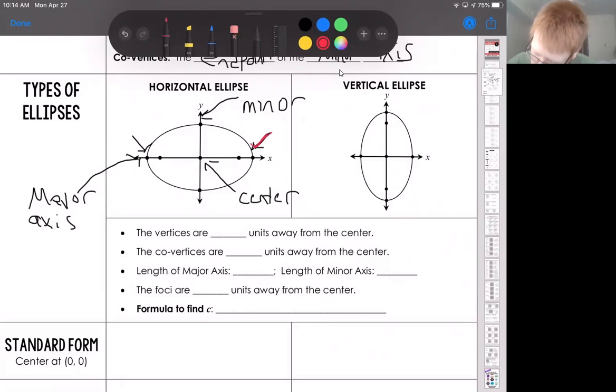These two red points, those would be called your vertices because they're the ends of your major axis. These blue points, since they're the ends of the minor axis, are called our co-vertices. So these blue points would be our co-vertices.